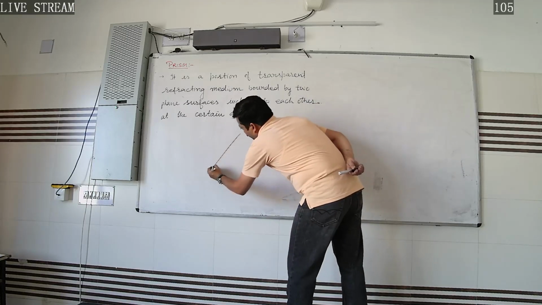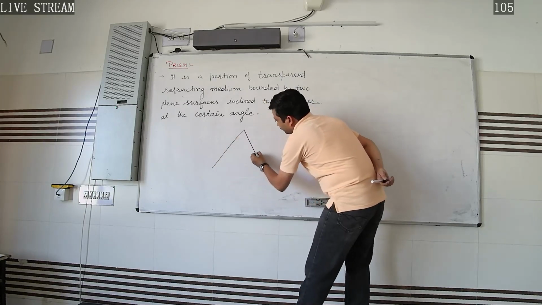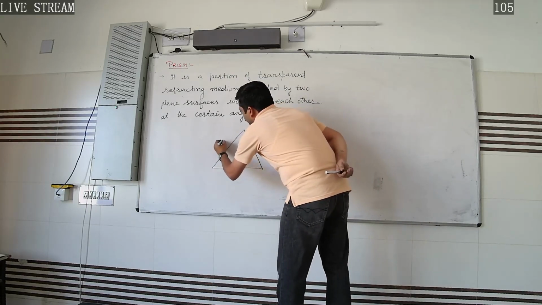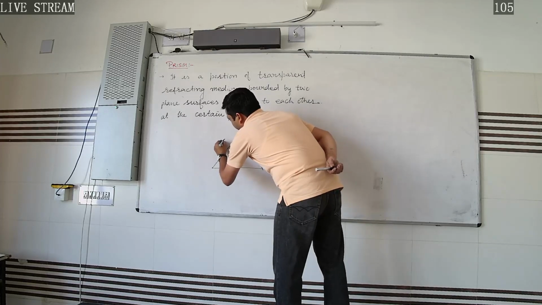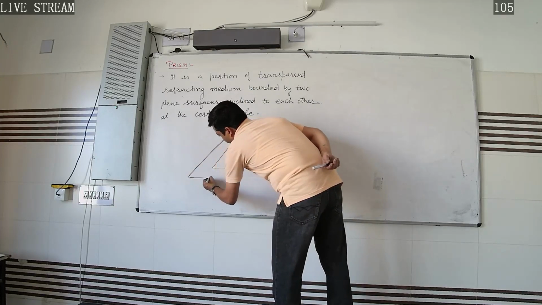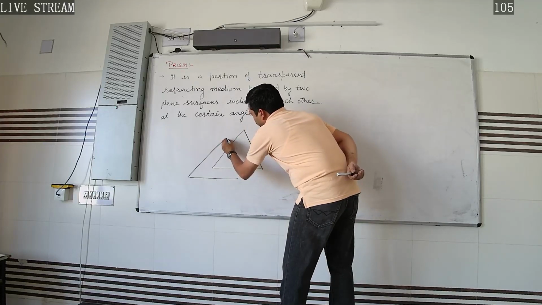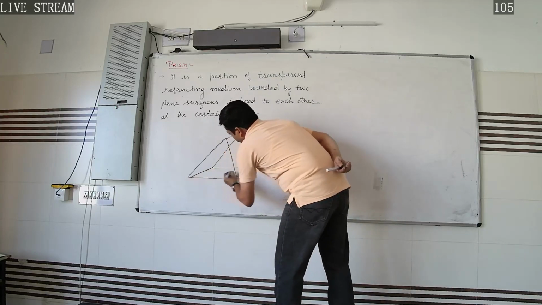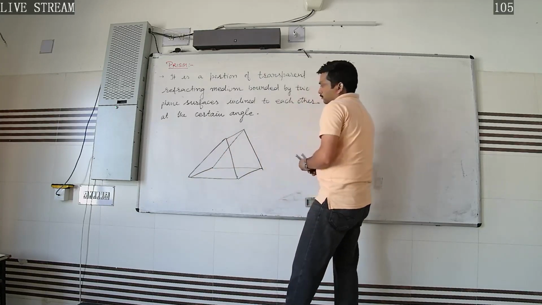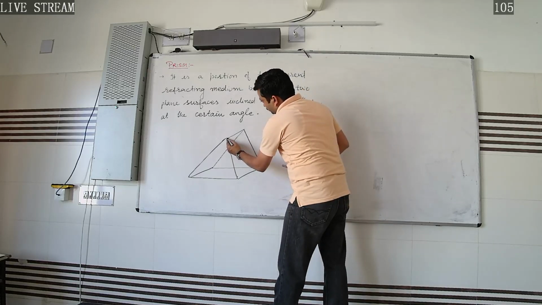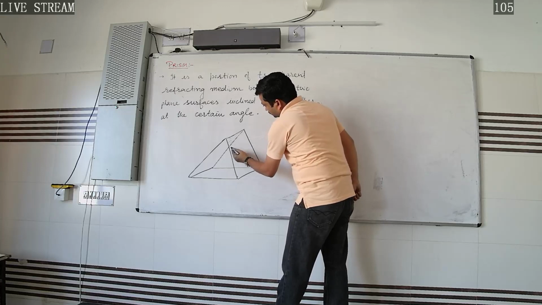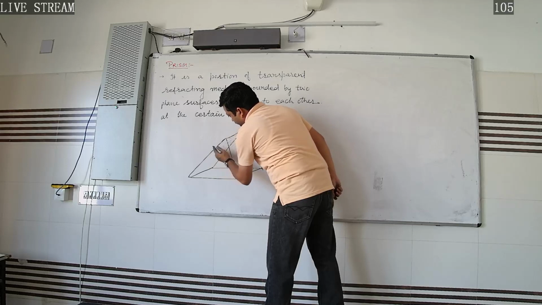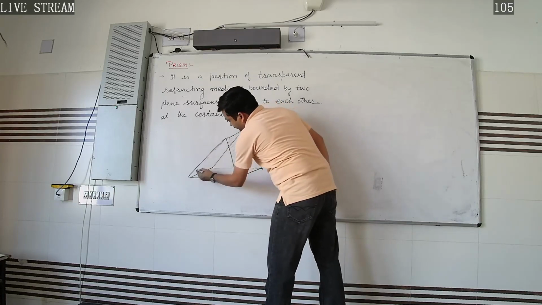It is the portion of transparent refracting medium bounded by the two plane surfaces inclined to each other at a certain angle. So this is the first surface, this is the plane surface, this is the second surface.